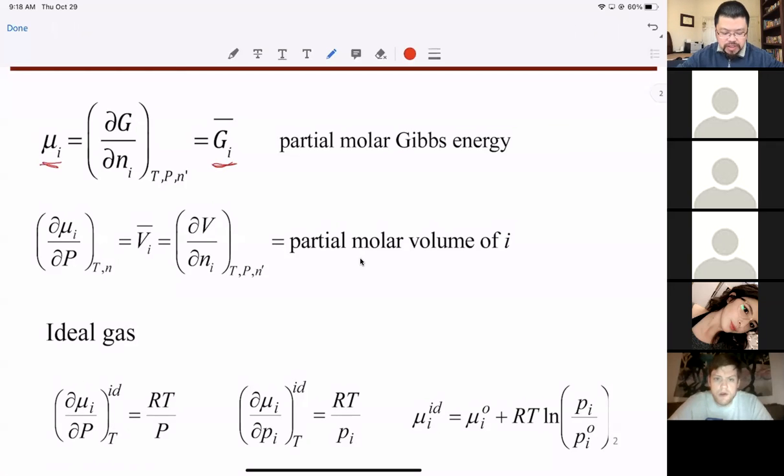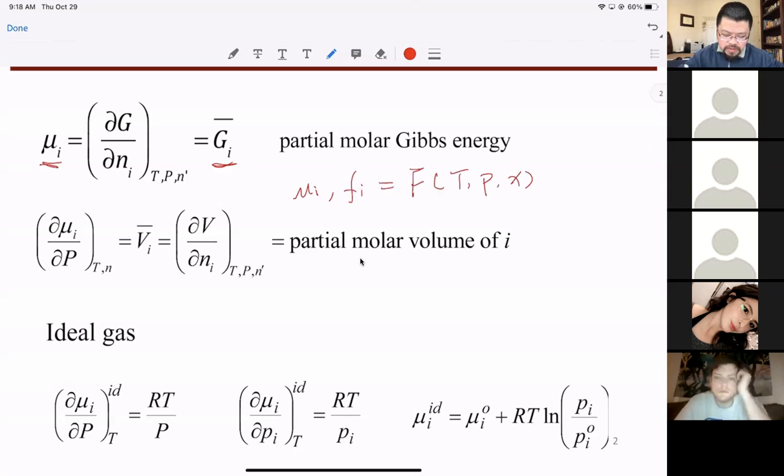The second very useful equation comes from a repeating pattern: once we derive some new quantity, we again express it as chemical potential or fugacity, as a function of temperature, pressure, and composition.